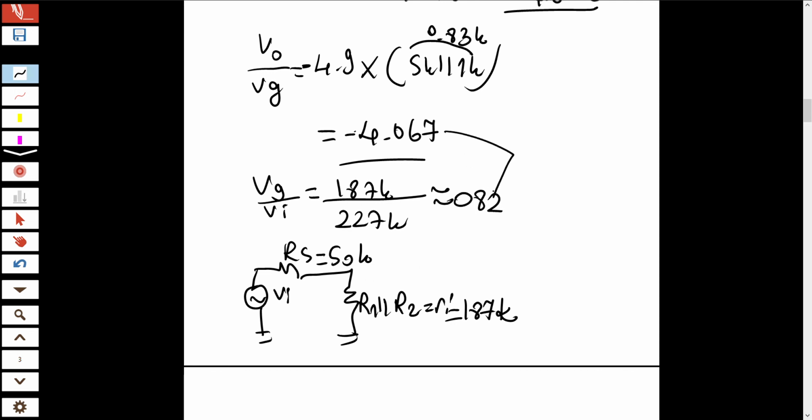So total gain is the multiplication of V out over V gate times this, which is minus 3.35, and that's it, guys.